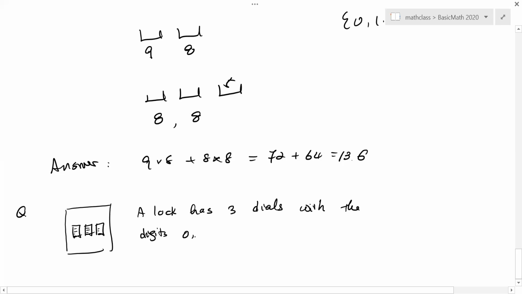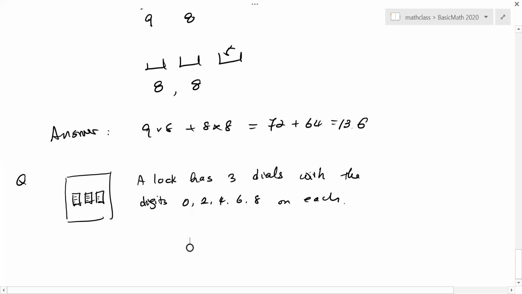How many different settings are possible if all 3 digits have to be different?